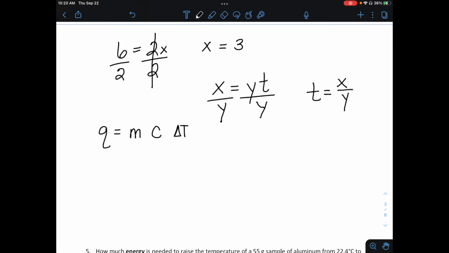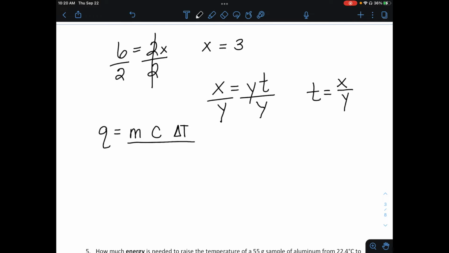Sometimes these problems are really straightforward. You just have to say, how much heat was absorbed or released? And in that case, you just do the mass times the specific heat times the change in temperature. But sometimes you'll have to solve for specific heat. In the problem, they'll give you the heat, the mass, and the temperature, but you have to find out what the specific heat of the metal is.